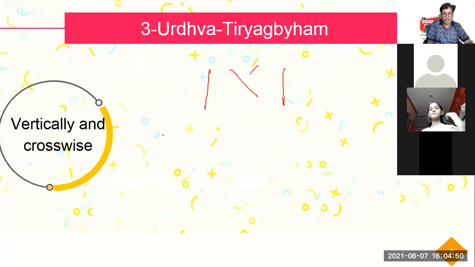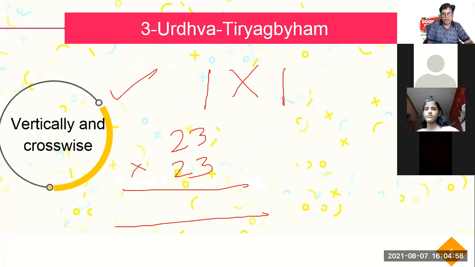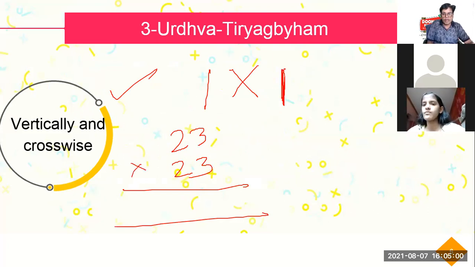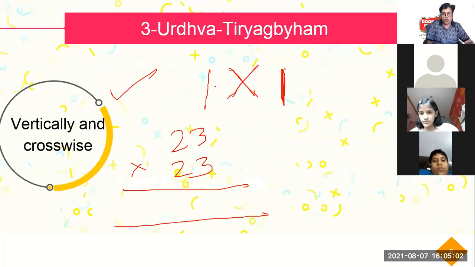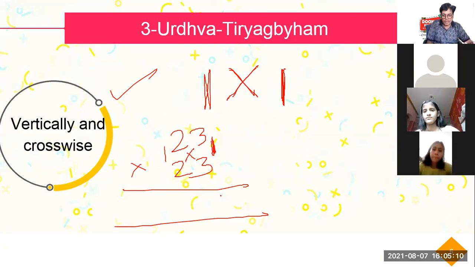If I have to multiply this in one line, what do I have to do? First of all, this is called vertical, this is called cross, this is called vertical. First of all, I will multiply 3 into 3, that is 9. Now I multiply cross and add.